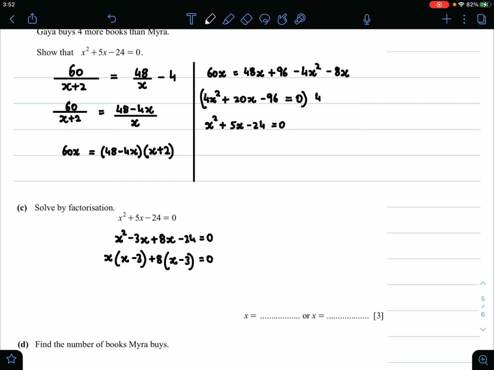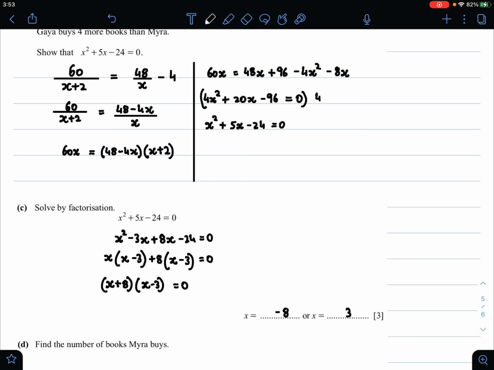Now since the two brackets are the same, we can write it together as one bracket, x plus 8 and x minus 3, is equal to 0. So to find the values of x, all you need to do is equate each bracket to 0. If x minus 3 is equal to 0, one of your x values would be positive 3. And if x plus 8 is equal to 0, your other x value would be negative 8.